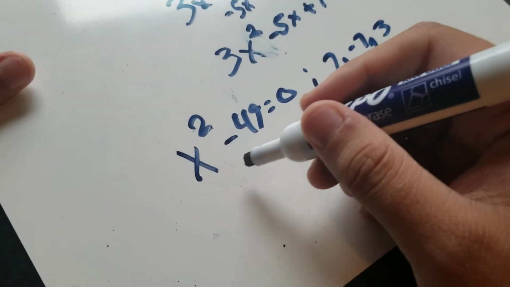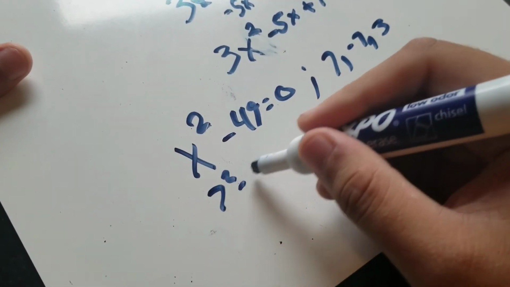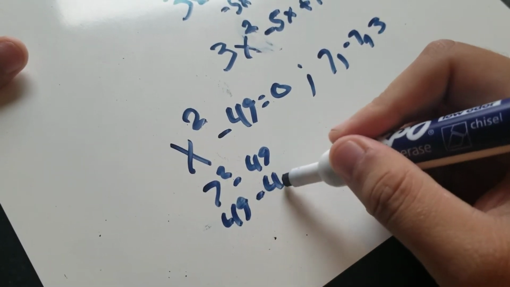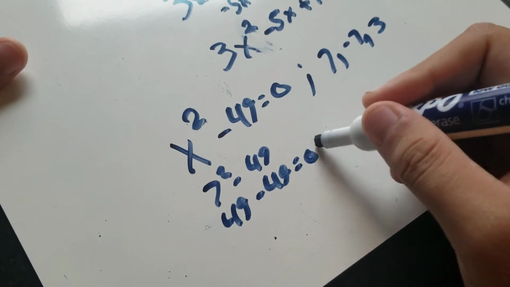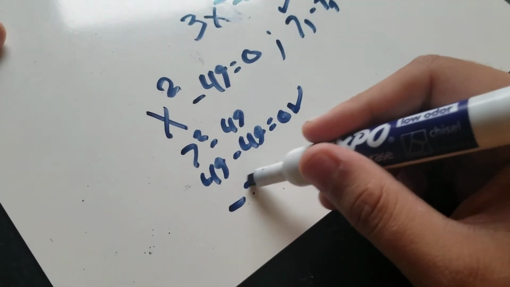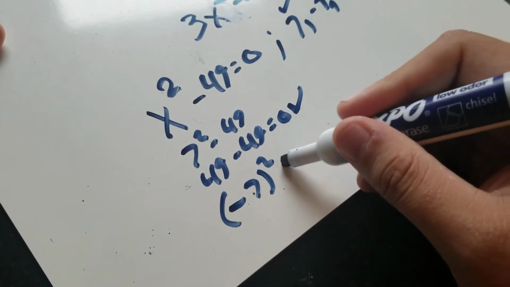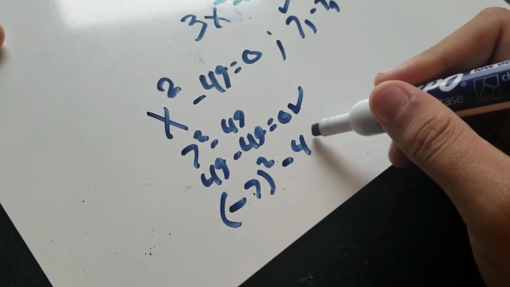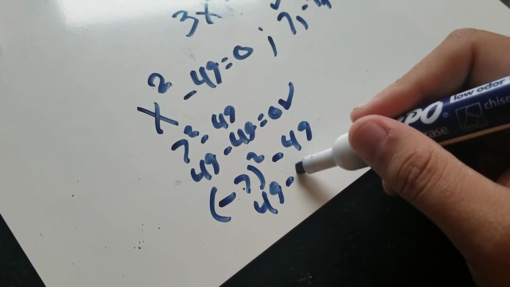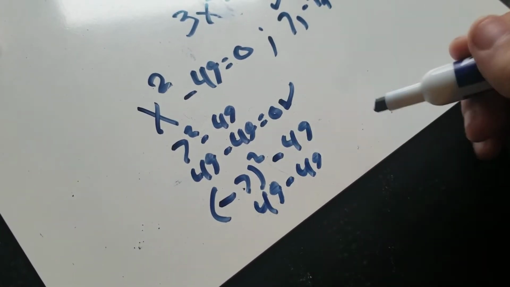So I'm going to plug in positive 7. So 7 squared minus 49. Well, 7 squared is 49, minus 49. That does equal 0, so that checks out. Let's plug in -7. Now remember, when you square a negative, that's like doing -7 times -7, so that's a positive 49.